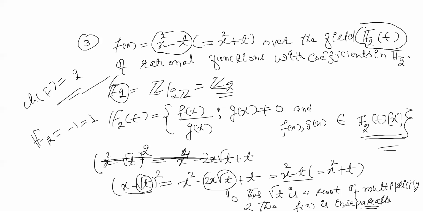So we have seen some examples of polynomials which are separable as well as inseparable. Now the separability and inseparability of a polynomial is actually decided, or you can say linked with the derivative of a polynomial. So let us first define the derivative of a polynomial and then we will come ahead.